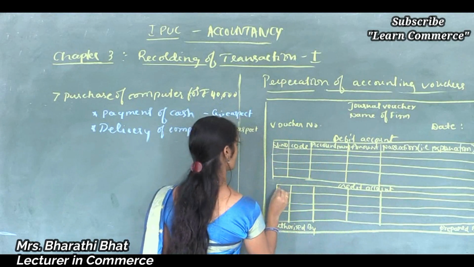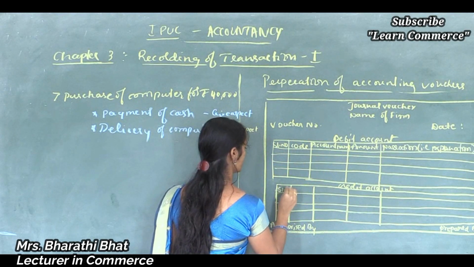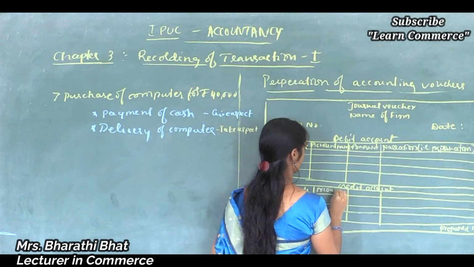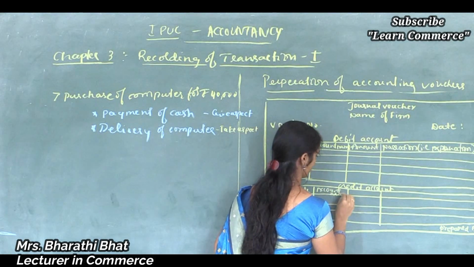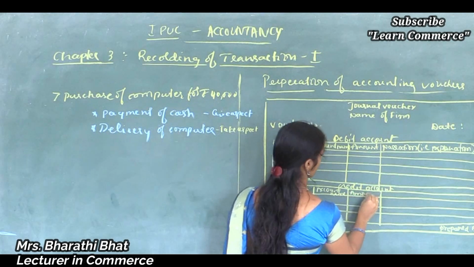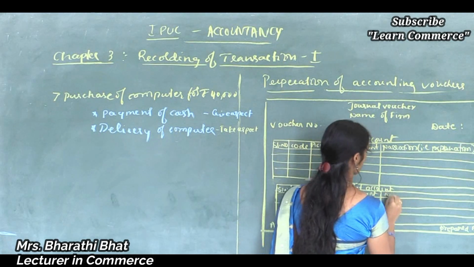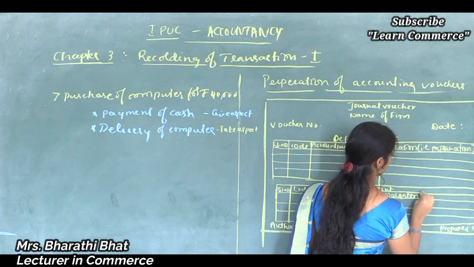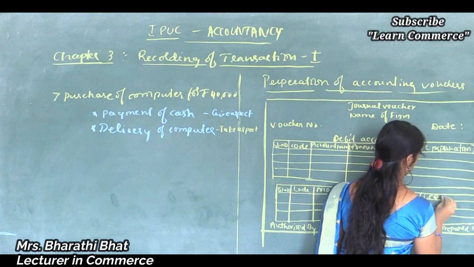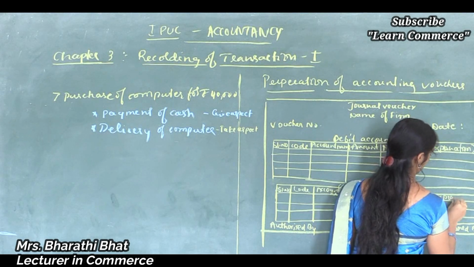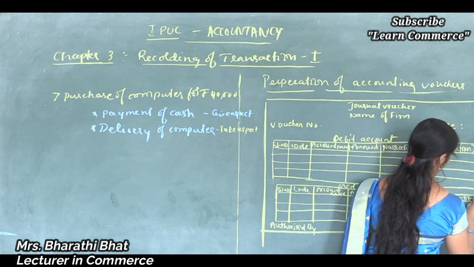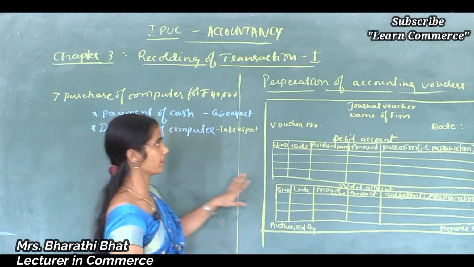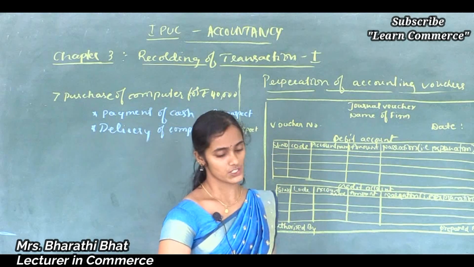And again here we should write serial number, code, account name, amount, narration, that is explanation. So this is the format of the specimen of journal voucher.